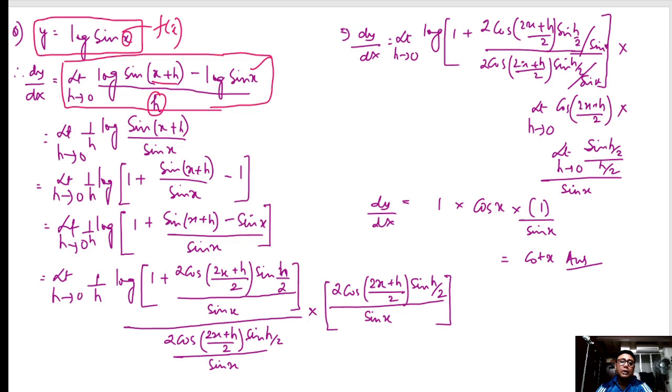Now log a minus log b, we already know, is log a by b. So applying this concept, this is our a and this is our b, we put it here. Now let us check the formula of the log.